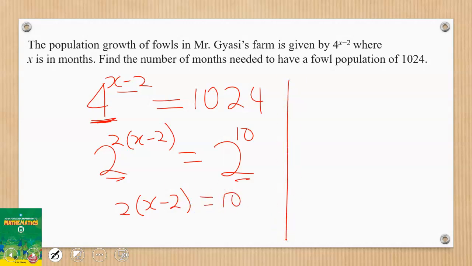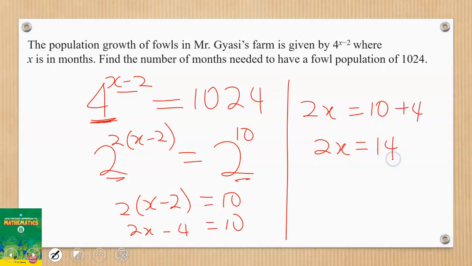When I expand this, I have 2x minus 4 equals 10. Grouping like terms, we have 10 plus 4, so 2x equals 14. Dividing both sides by 2, x equals 14 divided by 2, and so x becomes 7. That answers the question.